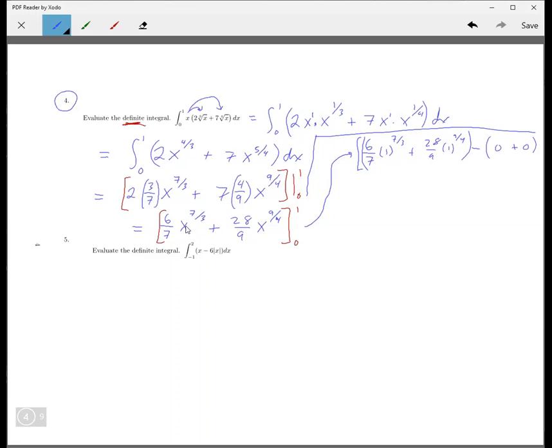So when you plug a 0 in here, this is all going to be 0, this is all going to be 0. So that's what you get there. Okay, so this is 6/7 plus 28/9. And that turns out to be 250 over 63.